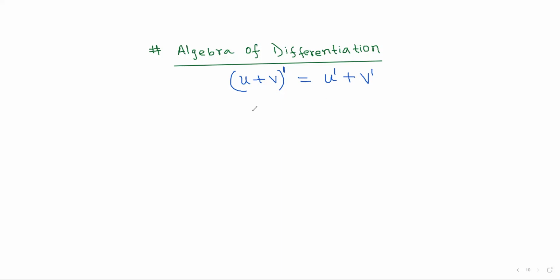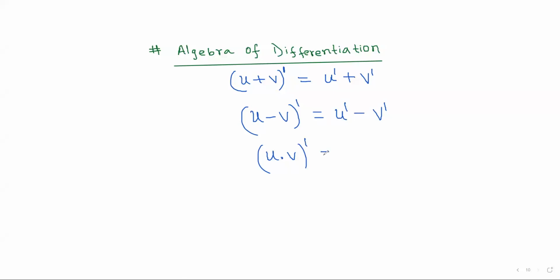Next one is the differentiation of u minus v, so u dash minus v dash. Third one is differentiation of u into v.